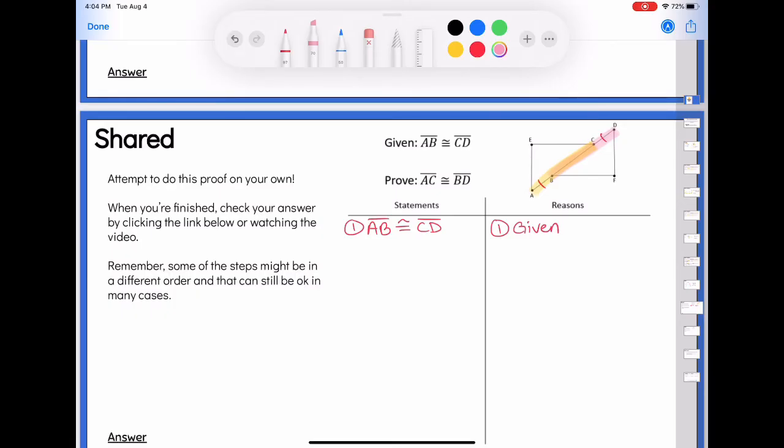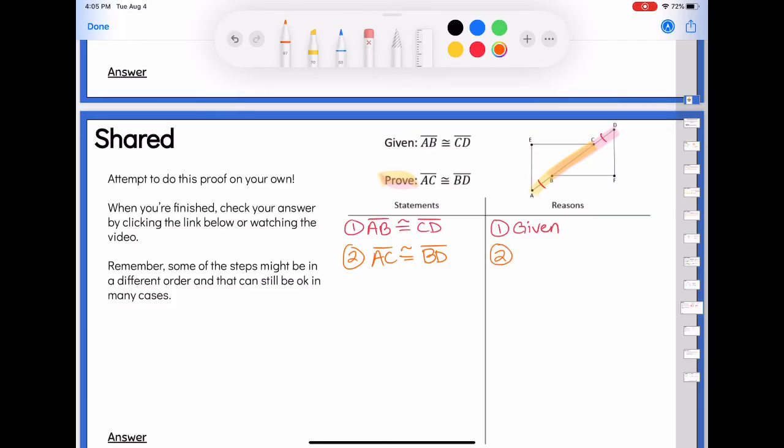So AB and CD, my givens, those were small. What I'm trying to prove is bigger, right? I'm going from little parts to big parts. So that must be the addition property. And in fact, I can go straight to my prove statement right now: segment AC is congruent to segment BD. So it's definitely the addition property.